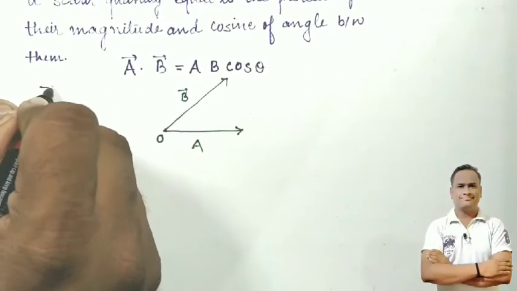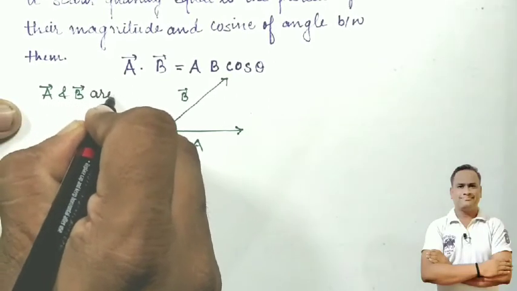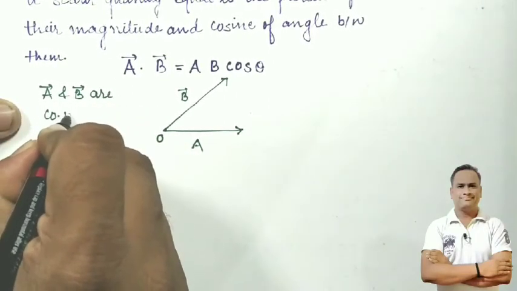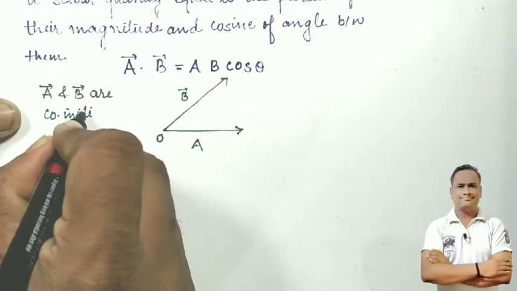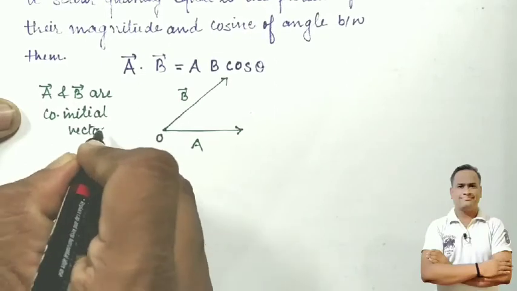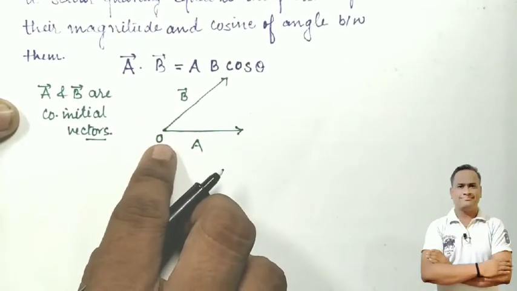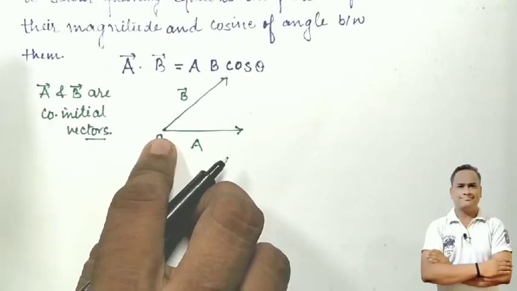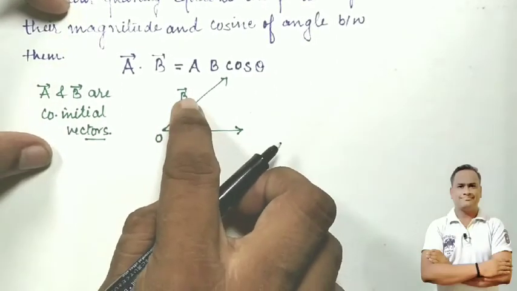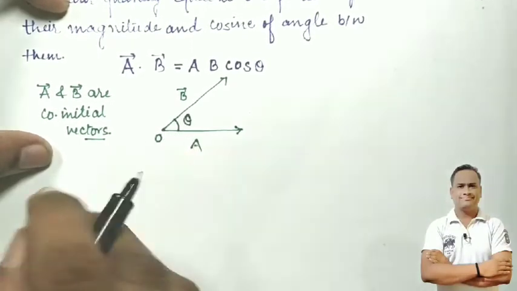If someone may ask, sir, what kind of vectors are these? Vector A and vector B are co-initial vectors because their initial point is the same, and vector B makes an angle theta with vector A.